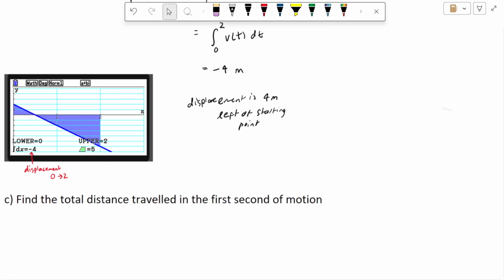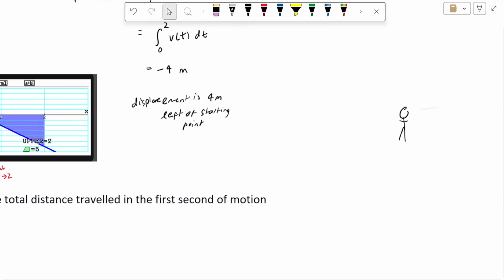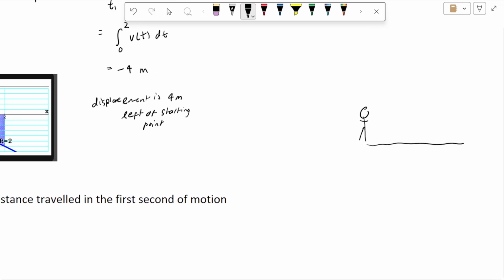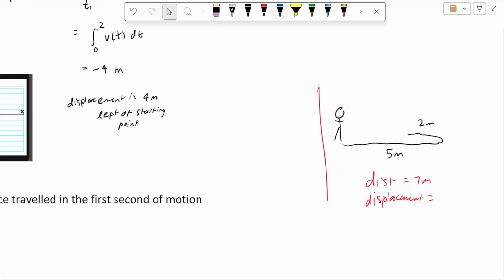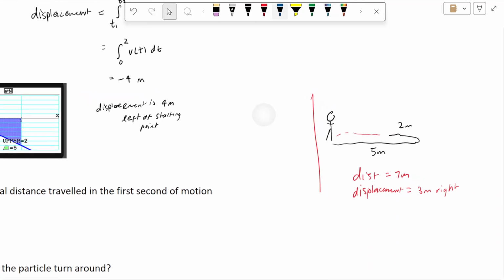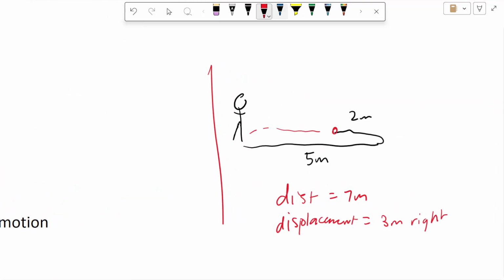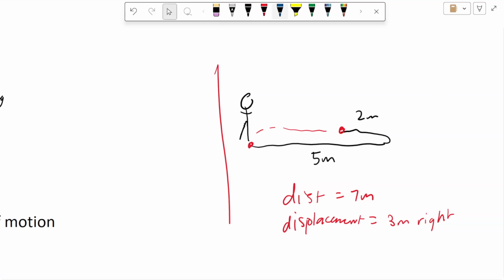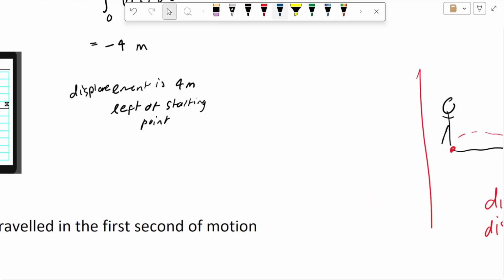So if I'm a person who walks right 5 meters and then turns around and walks left 2 meters, in this situation, the total distance is 7 meters and the displacement is 3 meters right of the starting point. So that's the difference between distance and displacement. Displacement is like the difference between where you started and where you end up. Distance was the total distance that you traveled.